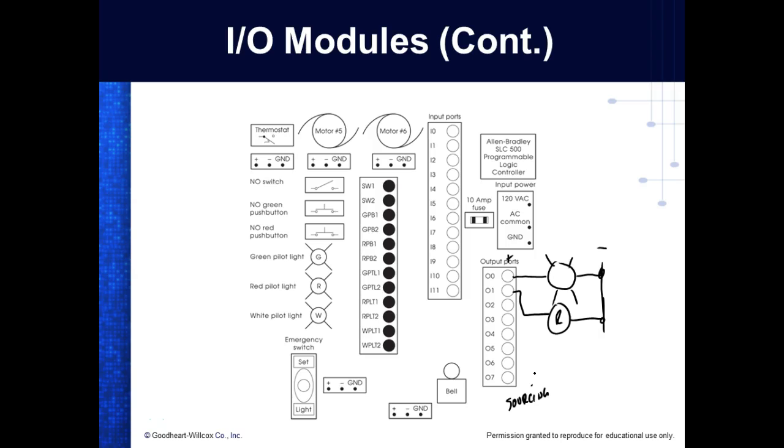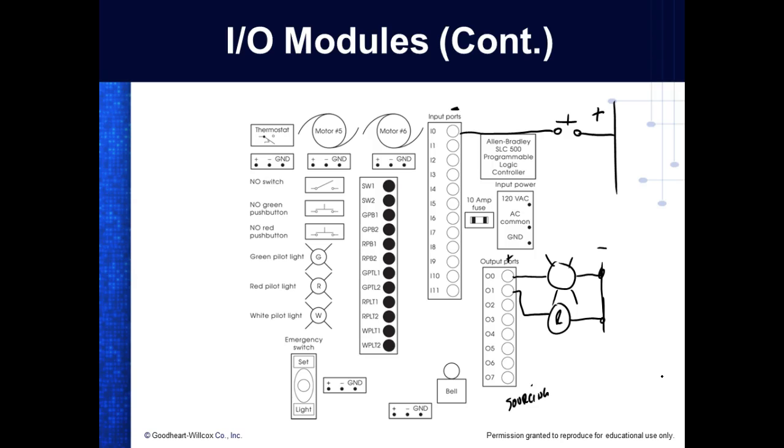Sinking. And that came from digital, guys. So this PLC says the inputs are sinking. That means it puts out a what? A minus. And I might come over here and hook up a push button. And then what would I have to provide? This would be a plus.